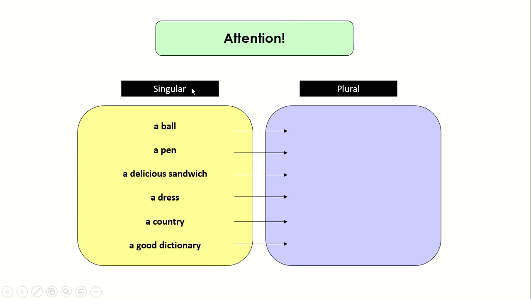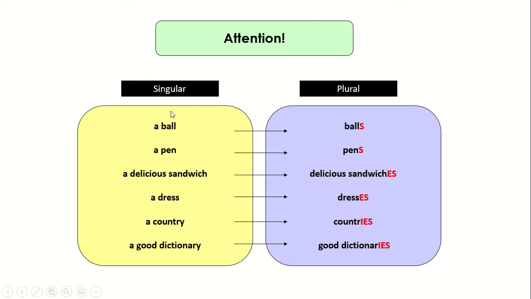to notice. All these words here are singular, مفرد. A ball, a pen, a delicious sandwich, a dress, a country, a good dictionary. When we change these words into the plural, they become balls, pens, delicious sandwiches, dresses, countries, and good dictionaries.